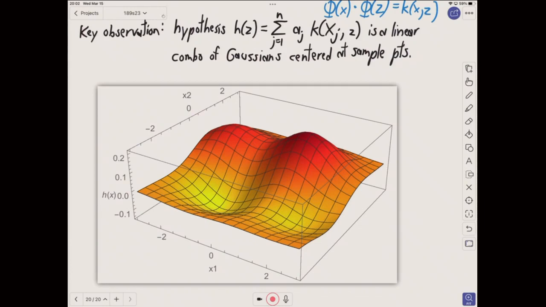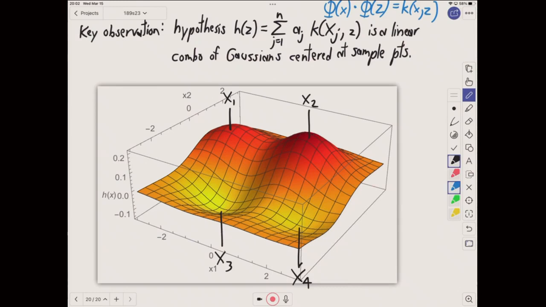Well, that part's a little hard to think of, but the part that's not hard to think of is, well, my sample points are, there's x1, there's x2. They're the peaks of those 2 bumps, or close to the peaks. There's x3, and there's x4. Those are close to the troughs of those 2 bumps. And the size of a bump, how high it goes or how low it goes, is dictated by the coefficient a.